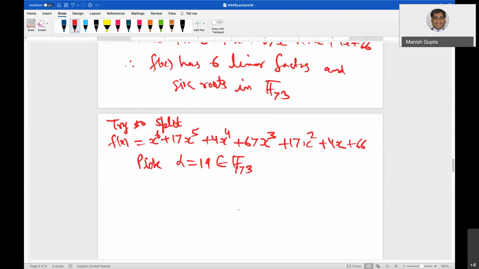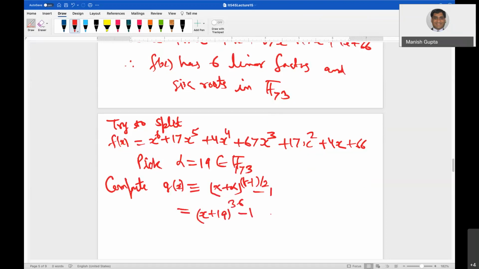Then we compute. Now, what will happen? Either we will get a linear factor or we will not get a linear factor, right? So compute gx, which is x plus alpha raised to power (p minus 1) by 2, which is the same as x plus 19 raised to power 36.